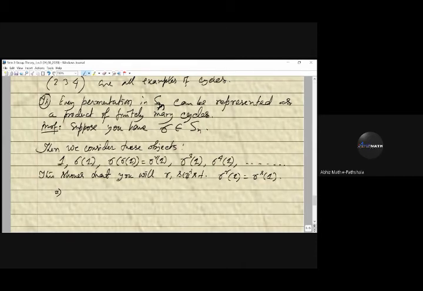Then you just impose sigma inverse s many times, and you can write this as sigma to the power r minus s of 1 will be 1.